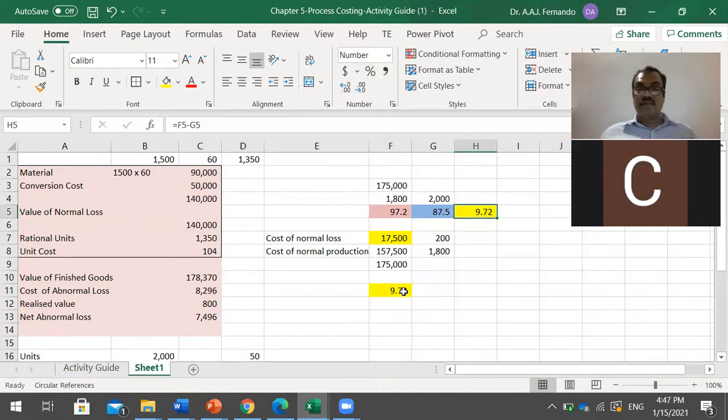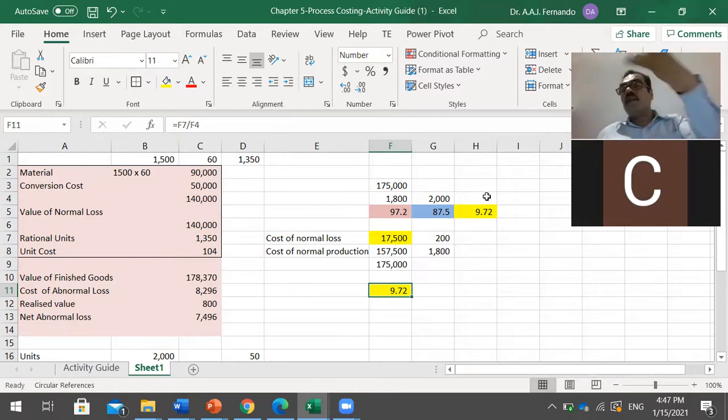You see, very logical. Actually, if you can argue and learn in this way, you never forget the concept of these normal losses, abnormal losses game. So you need not study later. At any point in time, if a question is given, quickly you can calculate. It's very simple mathematics, logical reasoning, and these things are reproduced and rearranged in your ledger accounts.